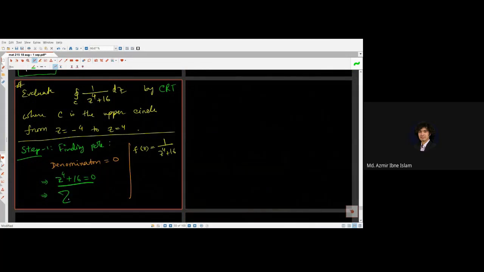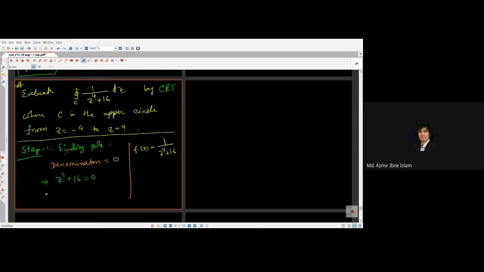The only difference is here. Our target is to find the poles. How many poles will we have here, since z to the power 4 is here? There will be 4 poles. Now think about how we can find all the poles. Can you figure it out?